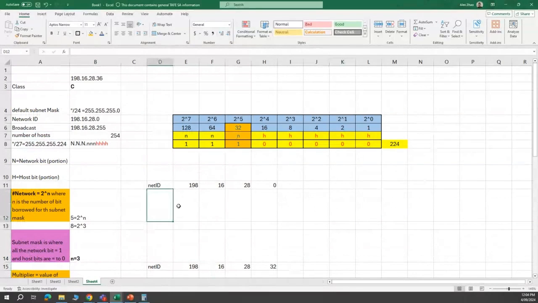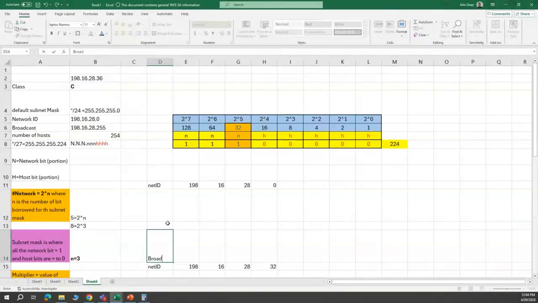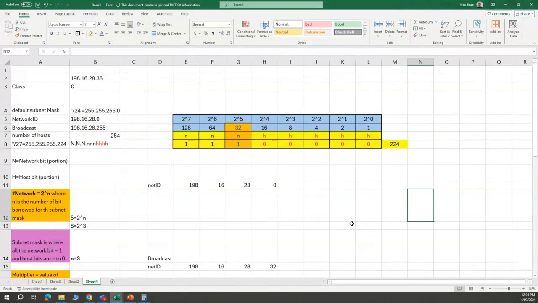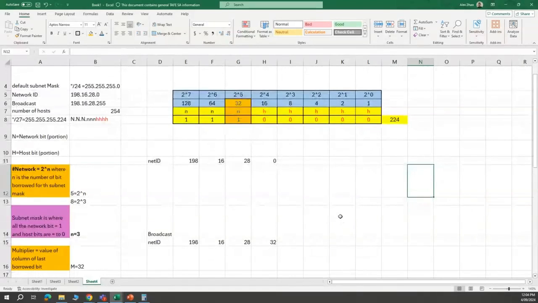There's a couple of things. If you remember, we said that this is a network ID. We said there's always a broadcast. For each network, there's a broadcast IP address. So the broadcast IP address is basically the last IP address that's on that network. Well, the next network is here.